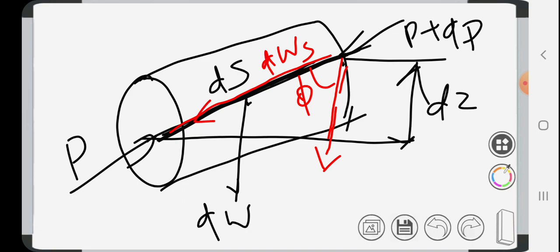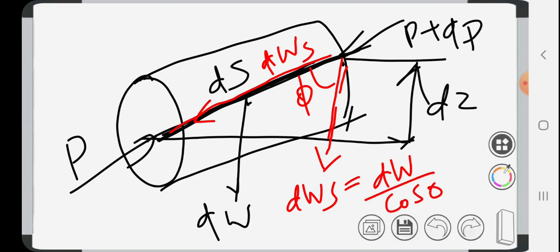So dWs cos phi will be dW, so dWs will be dW by cos phi. So this is obtained using our geometry.